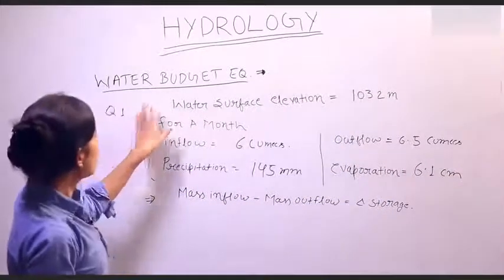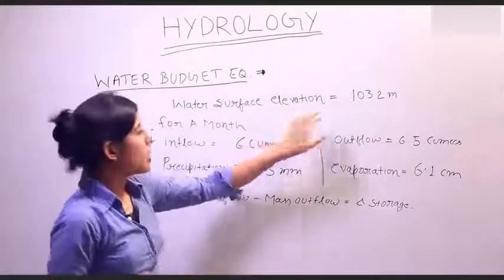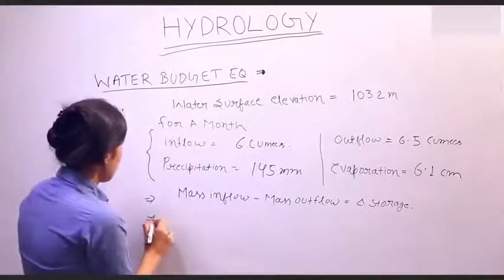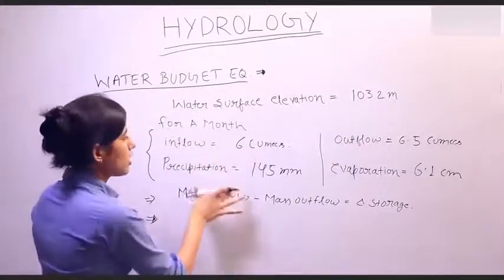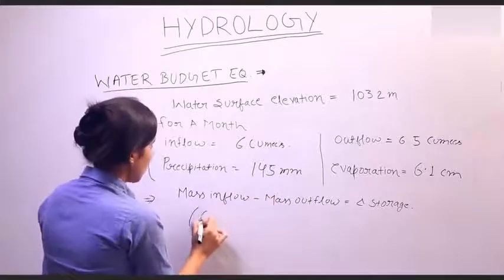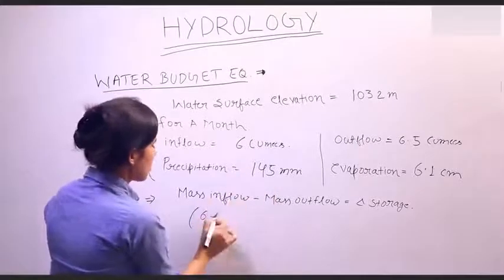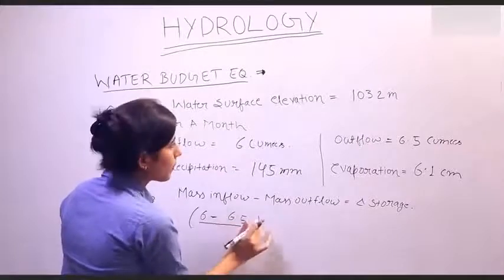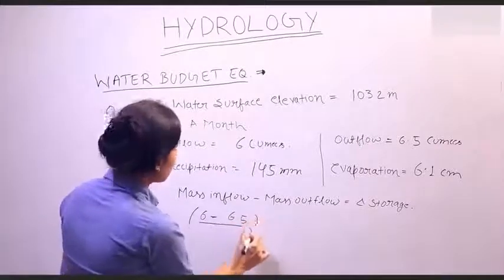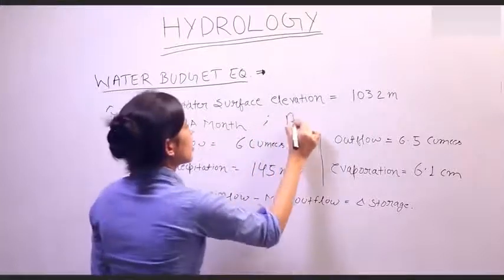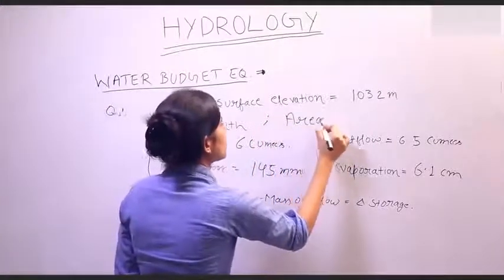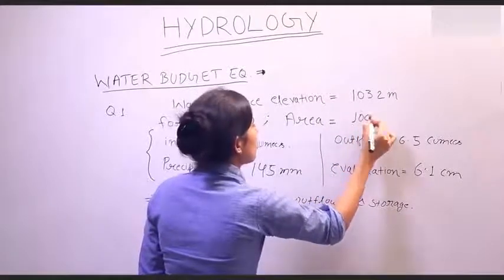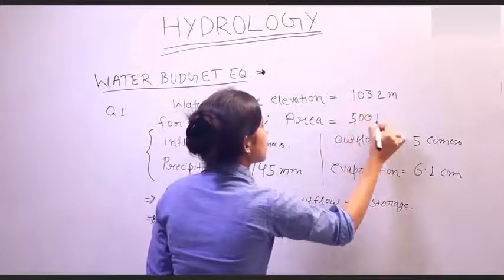First of all, water surface elevation is in 103.2 meter, so we should change the units of all the data we have, like 6 minus 6.5 divided by the area of that lake, let's say 500 hectares.